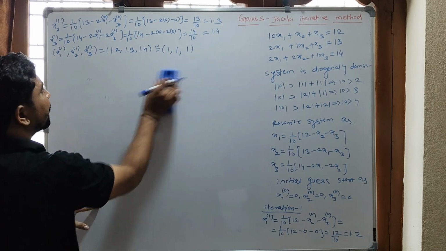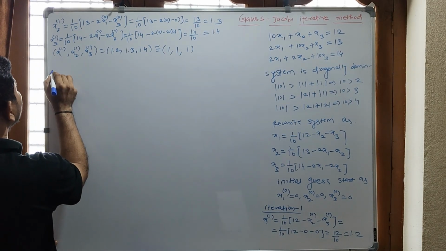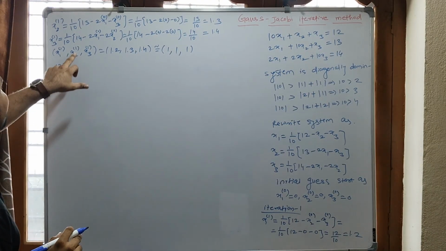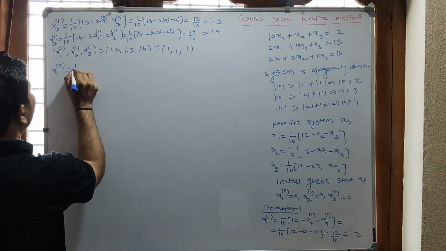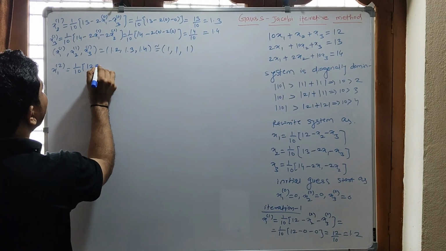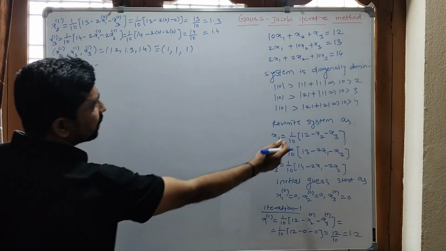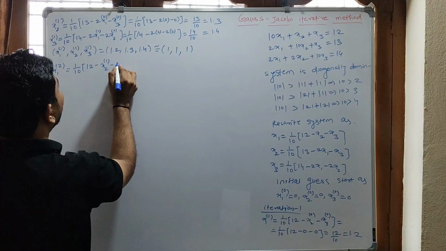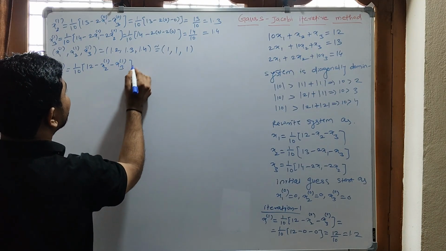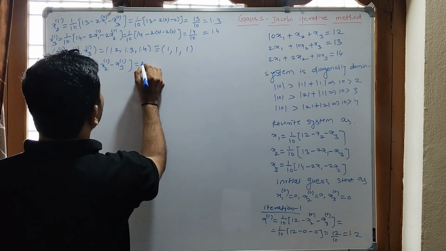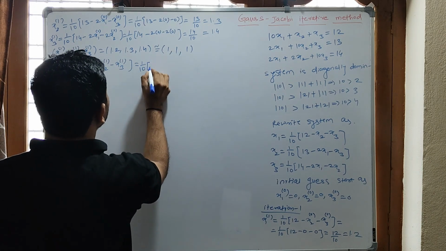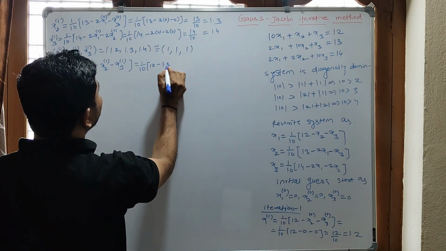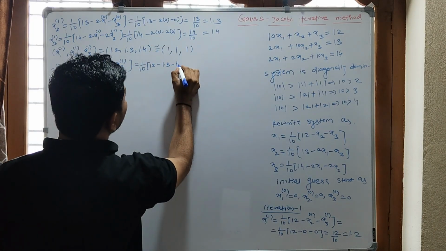Here I will write again, while finding x1 at 2, I will use x2 at 1 and x3 at 1. I will write 1 by 10 times 12 minus x2 at 1 minus x3 at 1, which is equal to 1 by 10 times 12 minus x2 at 1, that is 1.3, and x3 at 1 is 1.4.